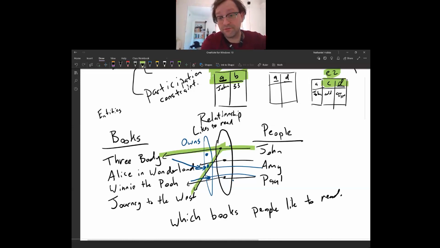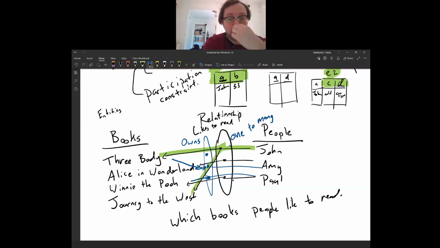So John likes to read more than one book. That means that going that direction, this is a one-to-many relationship. It doesn't have to be, but at least it is if the data is like this.